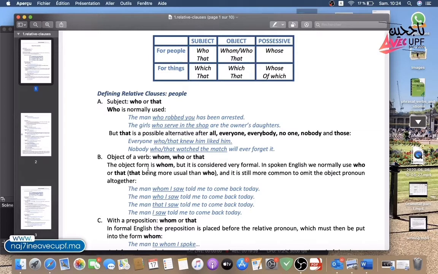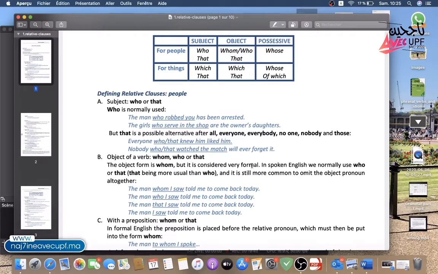Objects of verbs: whom, who, that. Alors, the object form is whom, but it is considered very formal. In spoken English we normally use who or that. Ça marche. That is more usual than who.